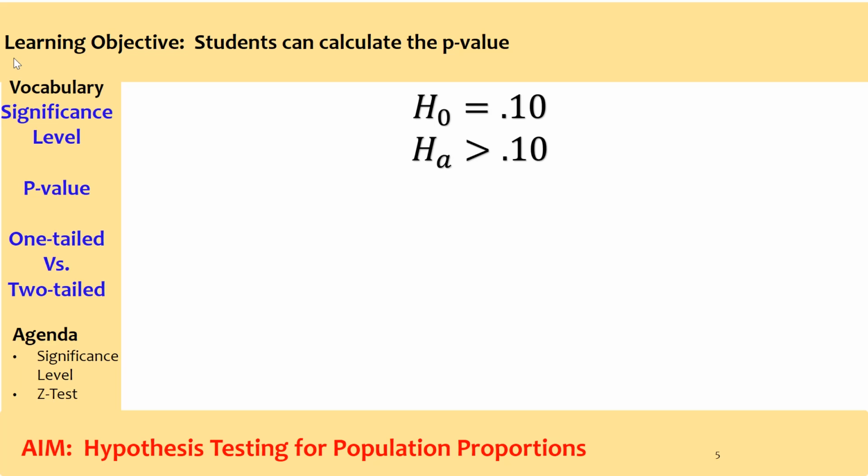Here, we want to see if it's bigger than 10%. And remember, the big difference between the alternative and the null is the null, we're going to have equals, right? It's going to be less than or equal to, greater than or equal to, or equal to. And for the alternative hypothesis, it's always going to be either less than, greater than, or not equal to. That's how you can tell if you ever get confused.